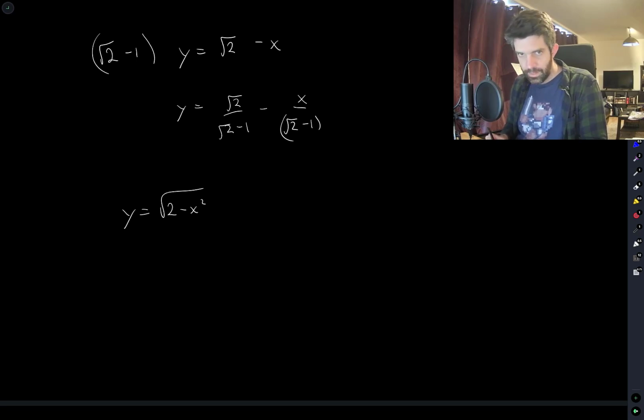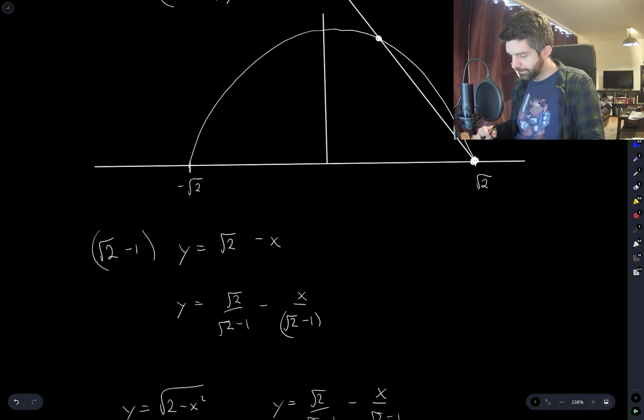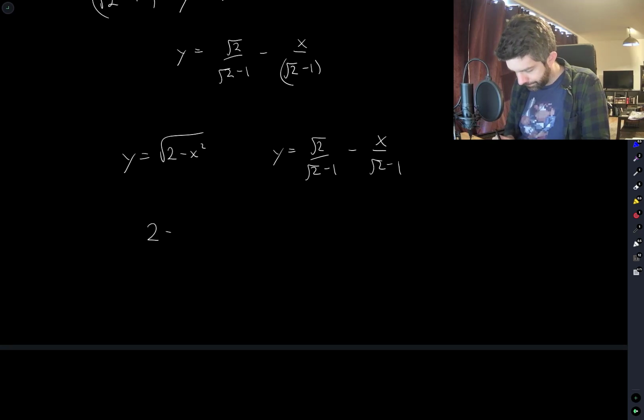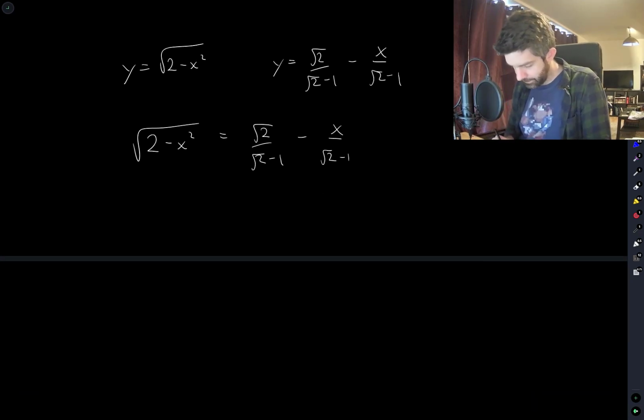And I also have y is equal to root 2 over root 2 minus 1 minus x over root 2 minus 1. If these are equal, this is a lot messier than I expected, but should get us there.